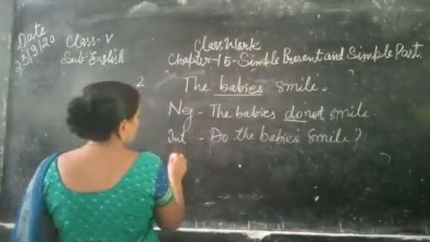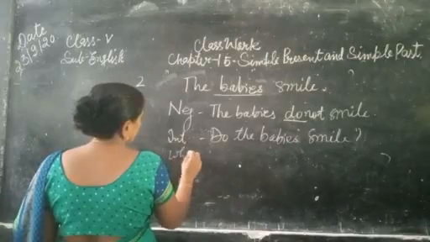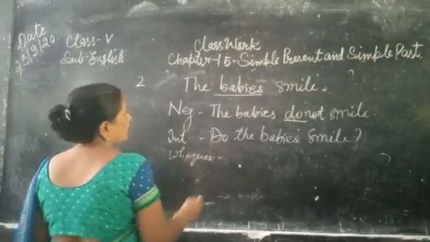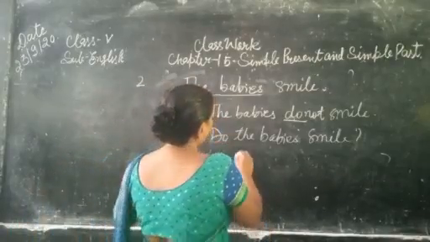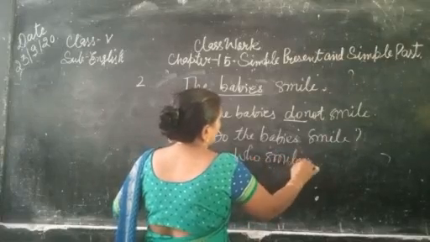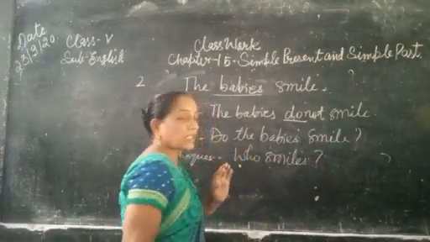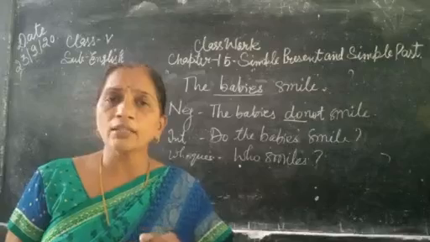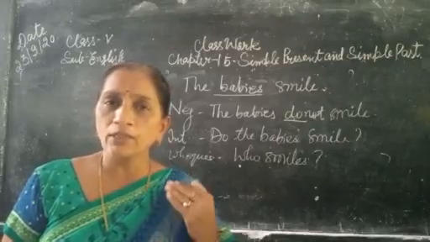And WH question will be who smiles? This is the way to change an affirmative into negative and interrogative sentences.